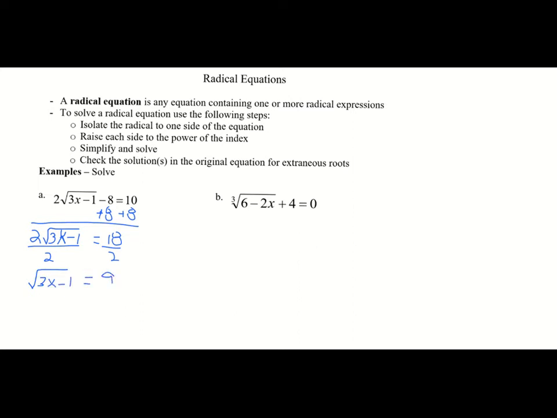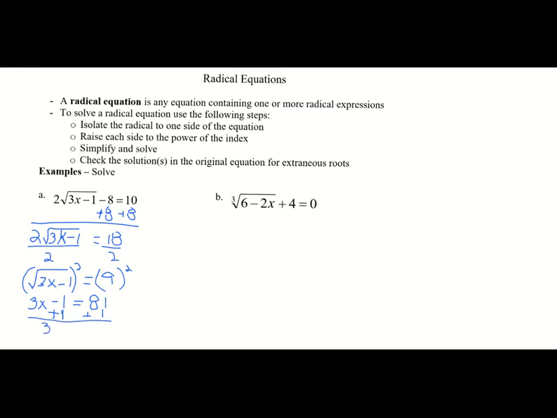And to solve it, again, I'm going to raise both sides. It's a square root, so I'm going to square both sides. So now I have the equation 3x minus 1, because when you square a square root, you just get what's underneath, equals 81. It's a linear equation, so I'll add 1 to both sides.